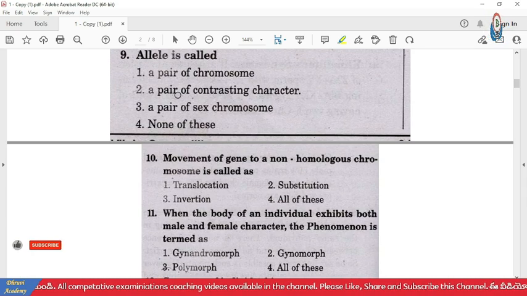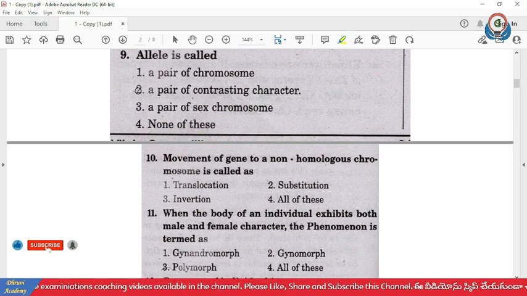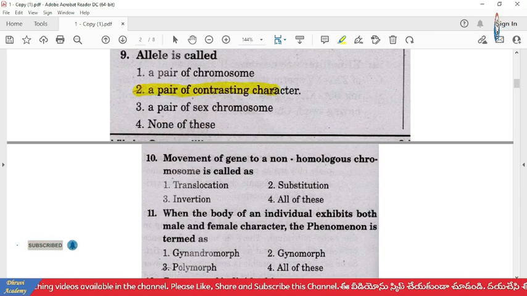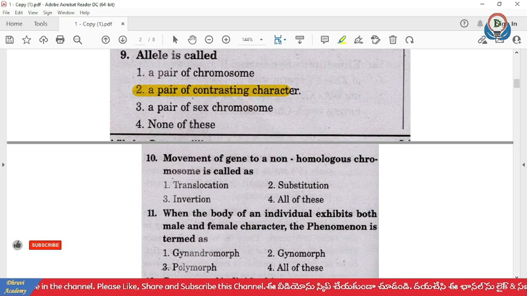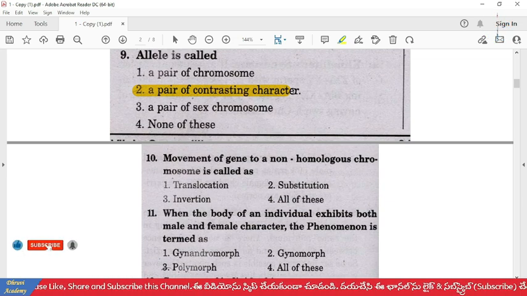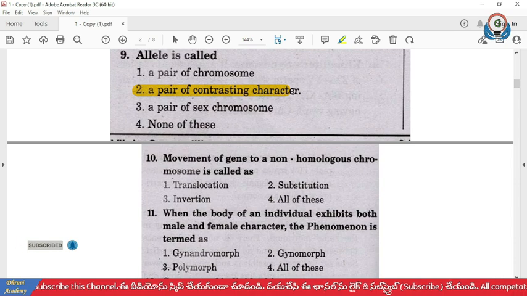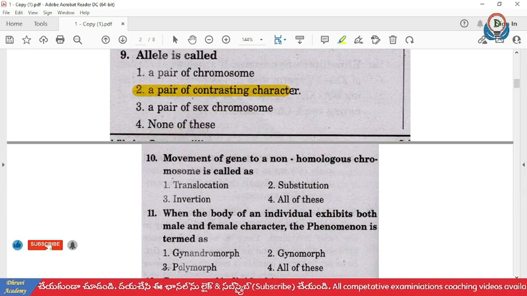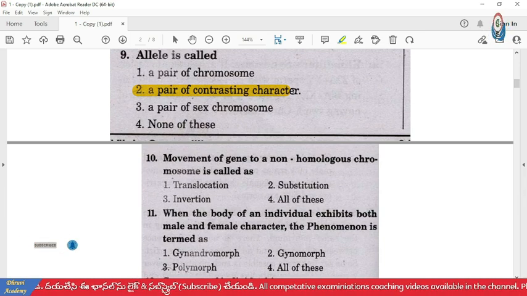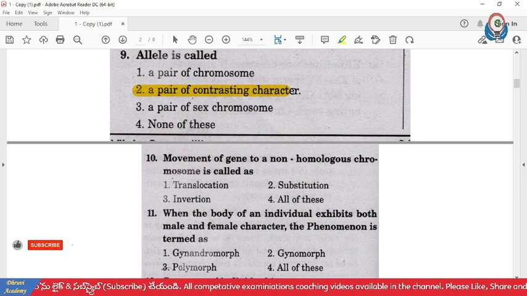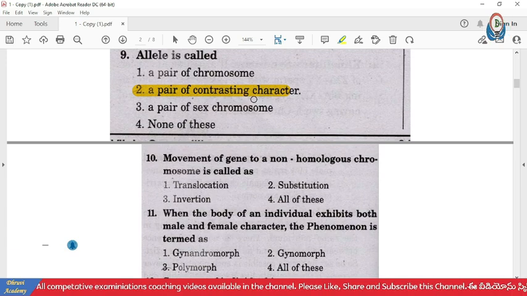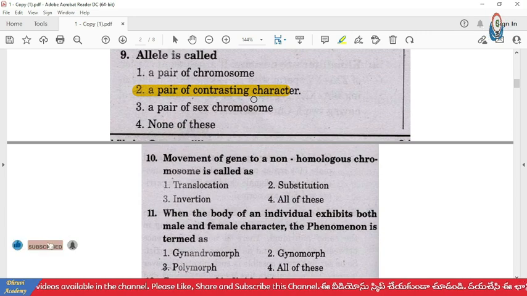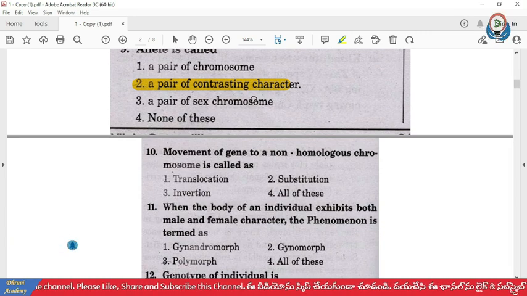Allele is called a pair of contrasting characters. ఏంటంటే one pair of genes that appear at a particular location on a particular chromosome and control some characters, like ఎలా అంటే మన blood type లేకపోతే మన color blindness, this depends on a contrasting character. It's called an allele.